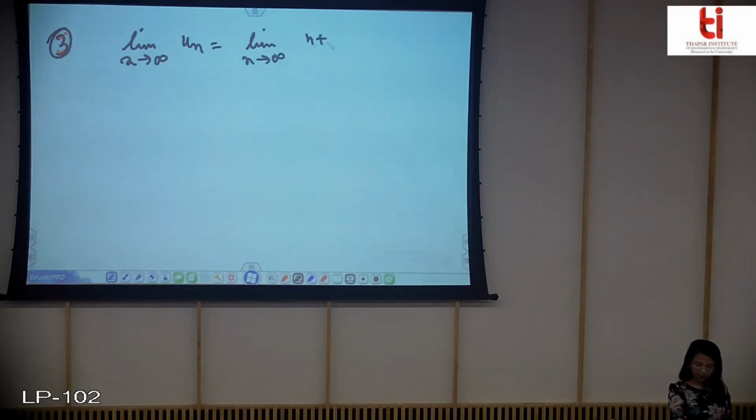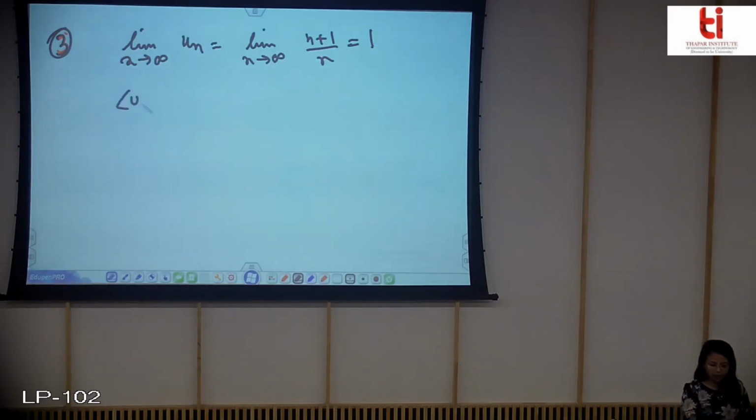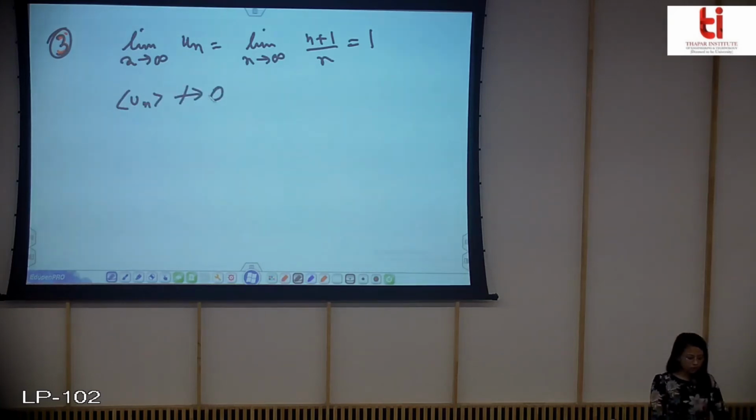If I find the limit of un, this is equal to 1. Now see that this is saying that this is not going to 0.